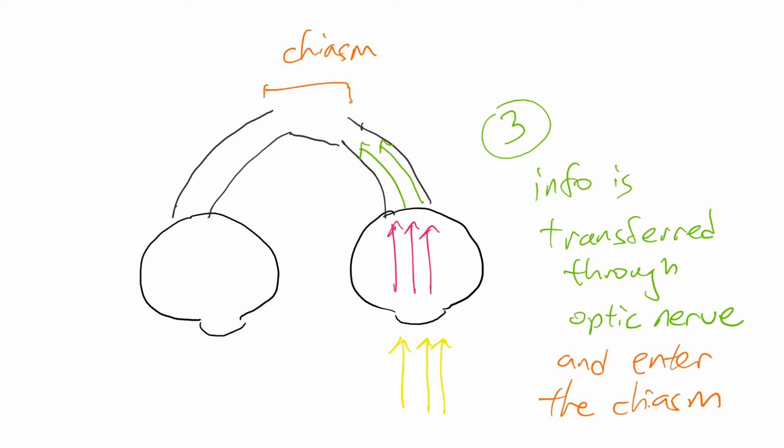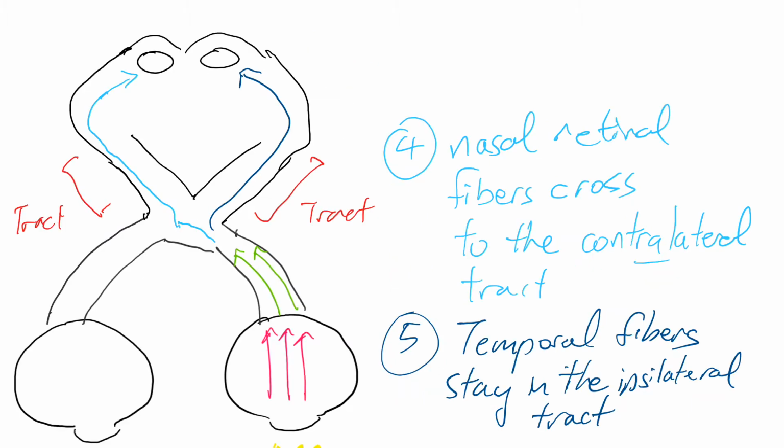The information is then transferred from the nasal retinal fibers and the temporal retinal fibers into the optic nerve, and it enters the optic chiasm, where the optic chiasm is the part of the brain where the optic nerves cross.